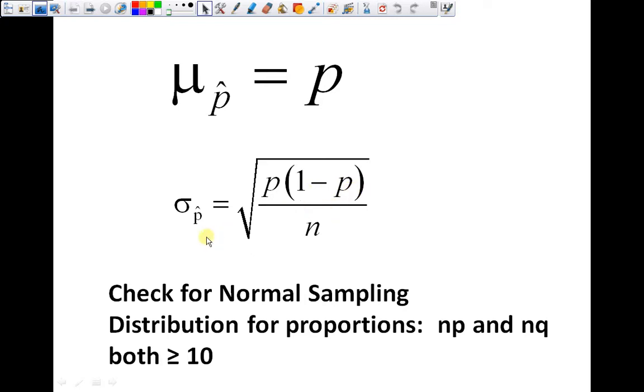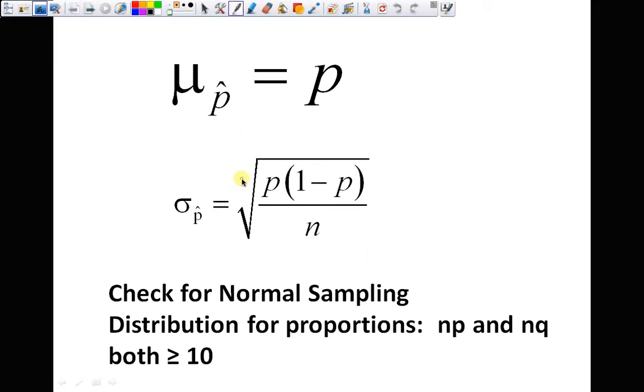Another thing that we'll talk about here, and I'll demonstrate this, is to check for the normal sampling distribution for proportions, we want to check that NP and NQ are both greater than or equal to 10.